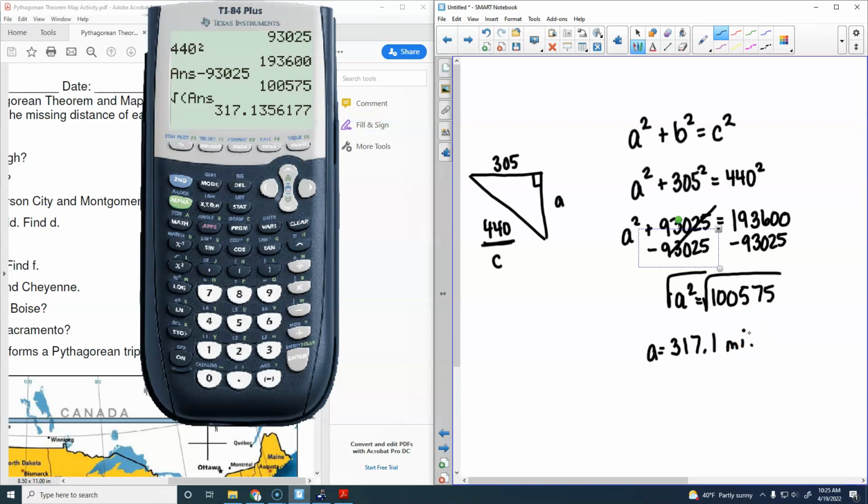Think you guys remember doing Pythagorean Theorem? I think it was 7th or 8th grade.